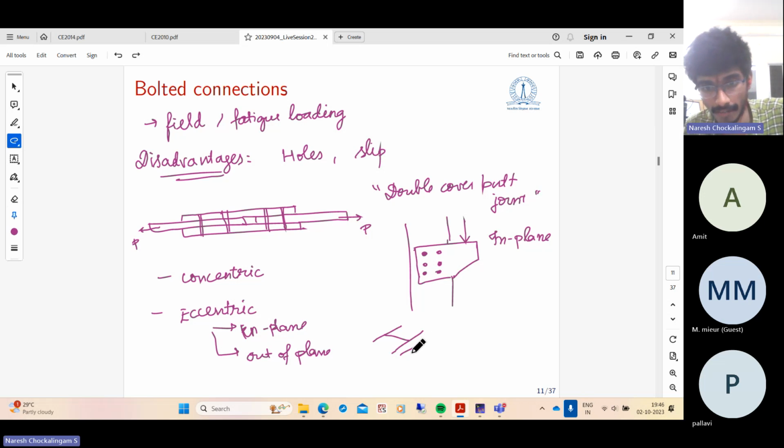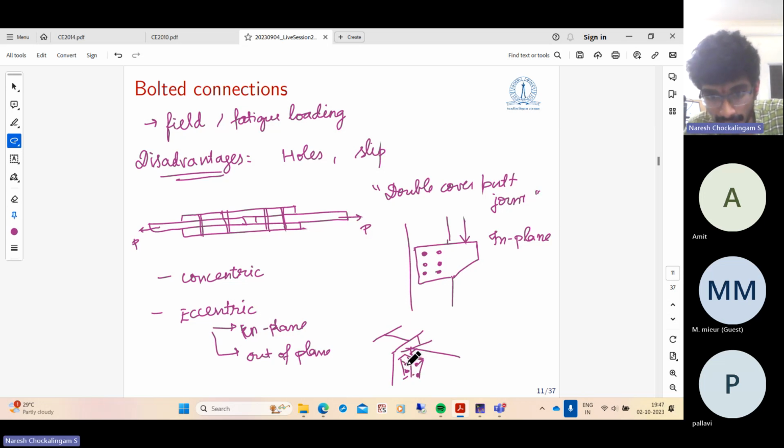Or rather, if it is a simply supported beam, you provide two angles like this, place the web of the beam, and connect them with bolts on both sides. You can bolt the angle to the flange of the column, and you can bolt the angle to the web of the beam as well.